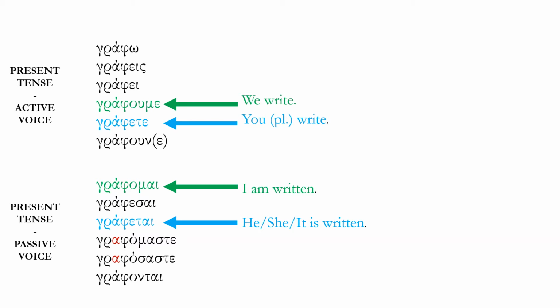So let's take a look just to give you an idea of some of the most common verbs that you'll see in this form. And there are so many of them. Astievome, I'm joking. Orkizome, I swear. Ξεκουράζομαι, I rest.